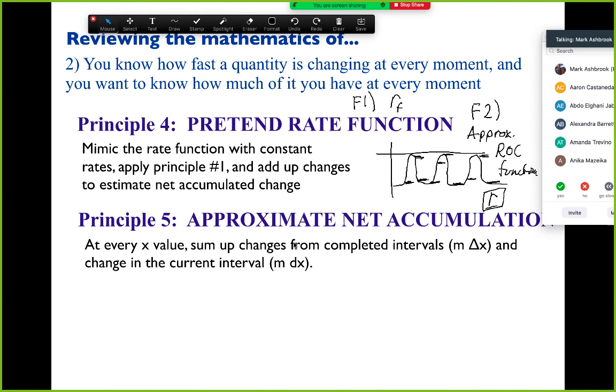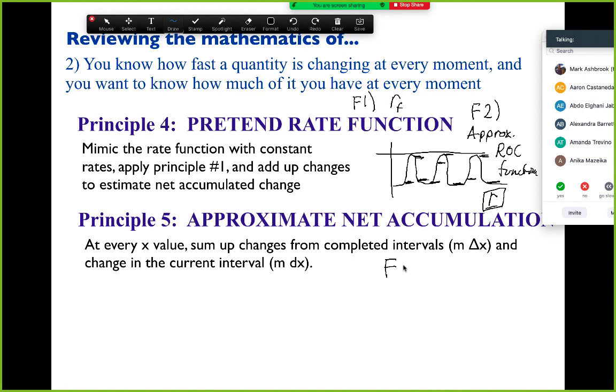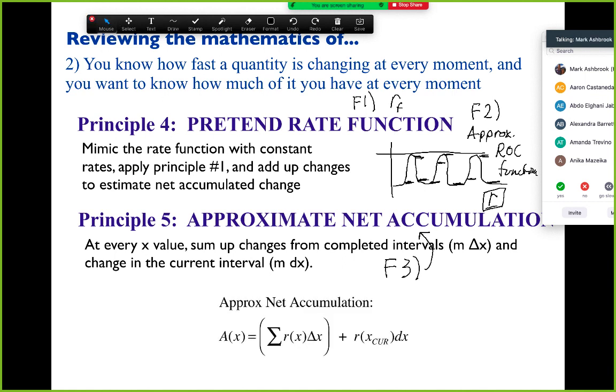The next principle, approximate net accumulation. This is function 3, the approximate net accumulation function. That's what we did last time and today, right? So out of that pretend rate function of constant rates, we said add up all the accumulation from the completed intervals, m times change in x plus n times change in x, plus a little more accumulation from the current interval.